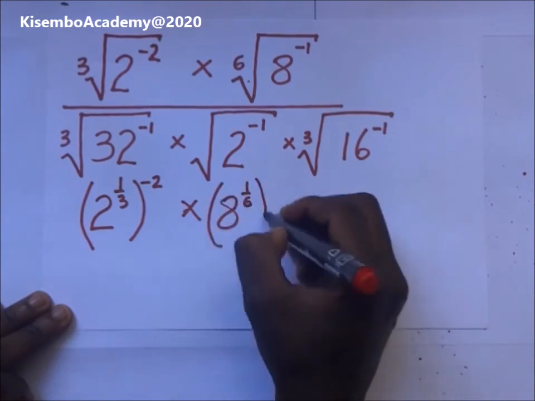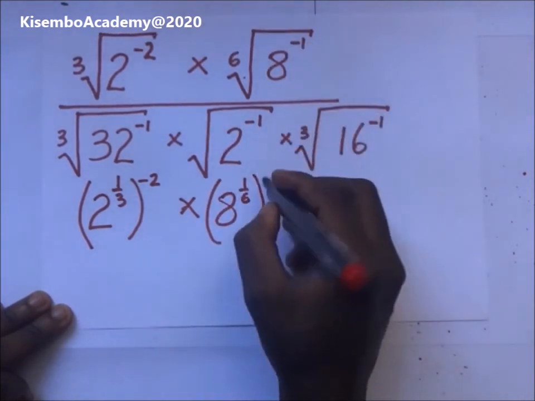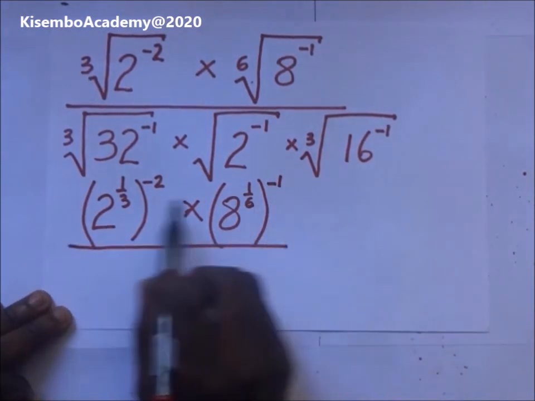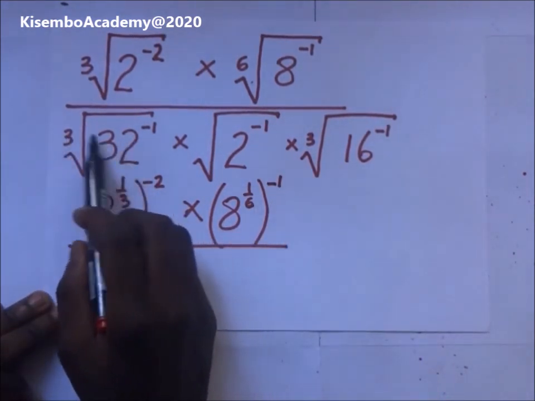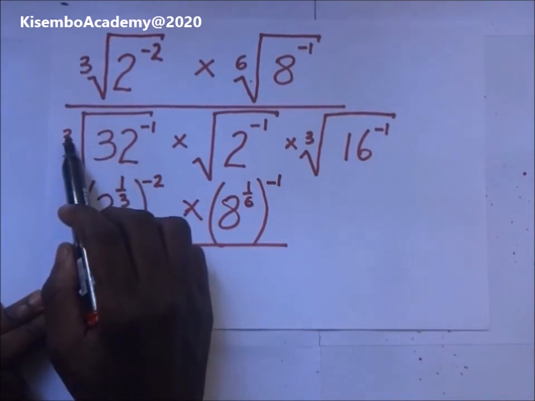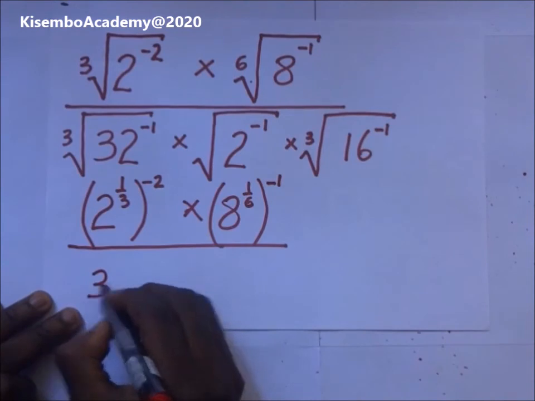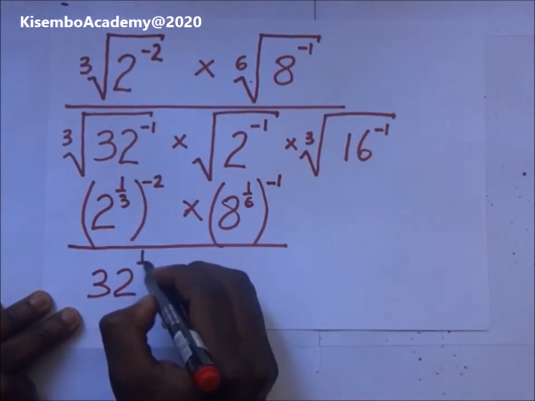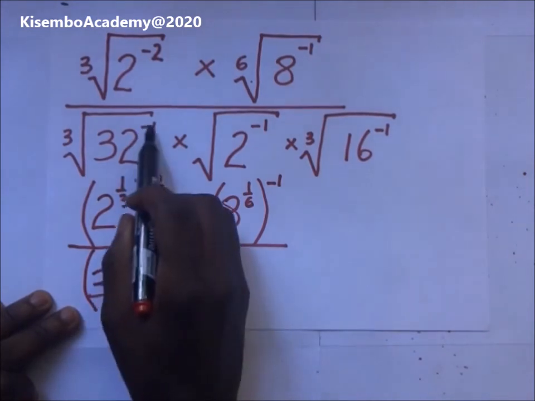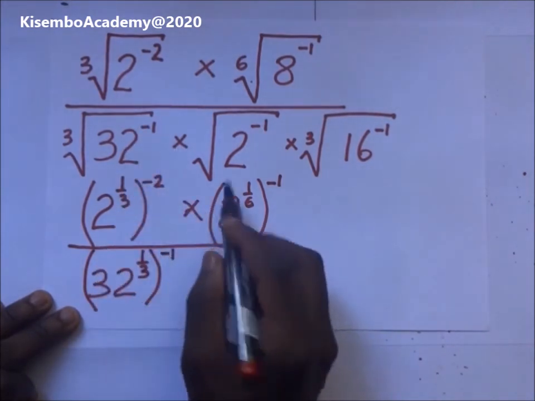And this whole thing is multiplied by negative 1 times negative 1. All this is divided by the third root of 32. Now, the third root of 32 means it's 32 to the power 1 over 3. And that is multiplied by the negative 1.